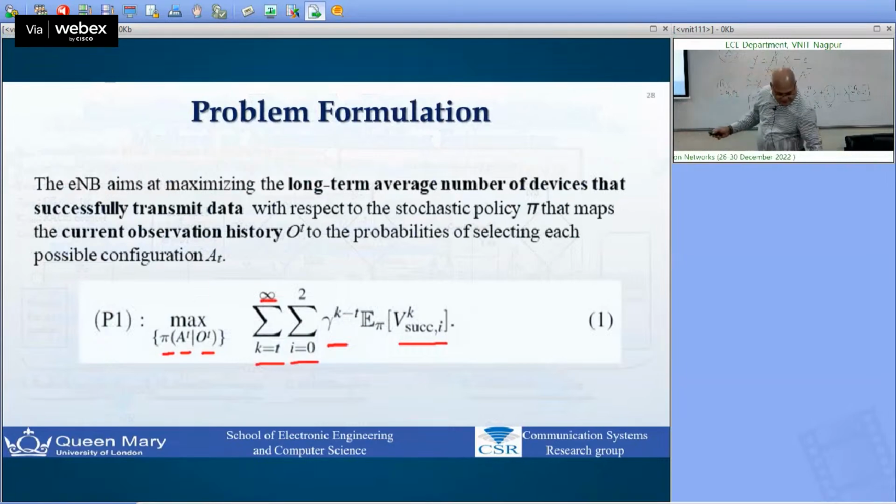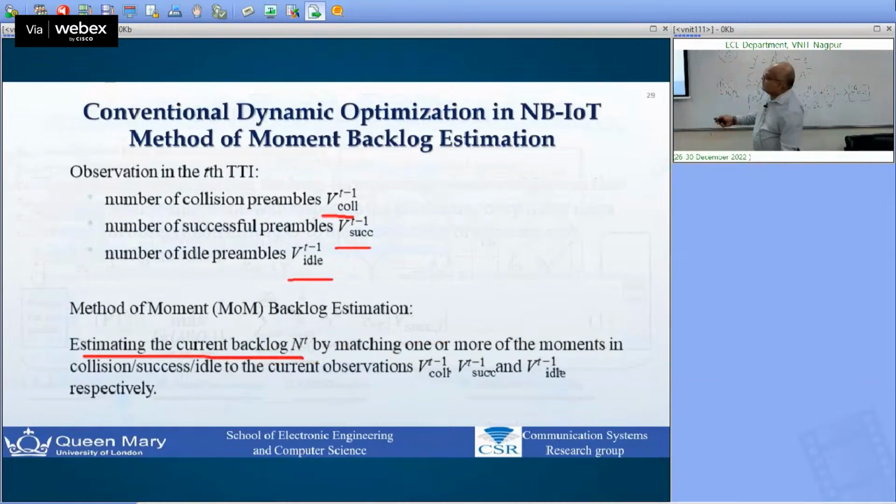So now, the observation here in terms of preambles, we can estimate the backlog using the method of moments. The method of moments is like this.